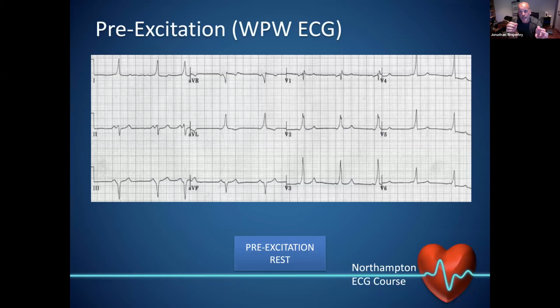So it's all time related. So if you've got something that is very close to the AV node, then it comes to the AV node at the same time as it goes to the accessory pathway, then you will get overt, massive amounts of pre-excitation because the AV node is going to be decremental, it's going to stop, nothing comes through, everything is going to go straight down the accessory pathway.